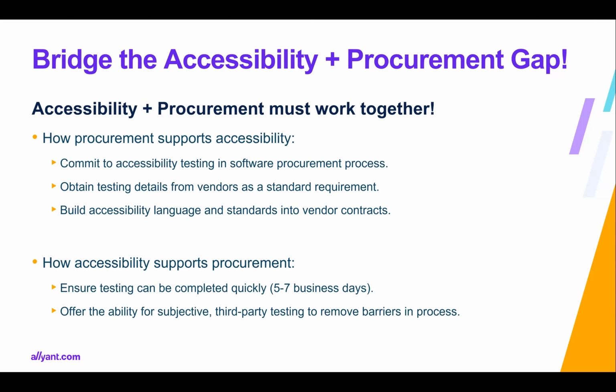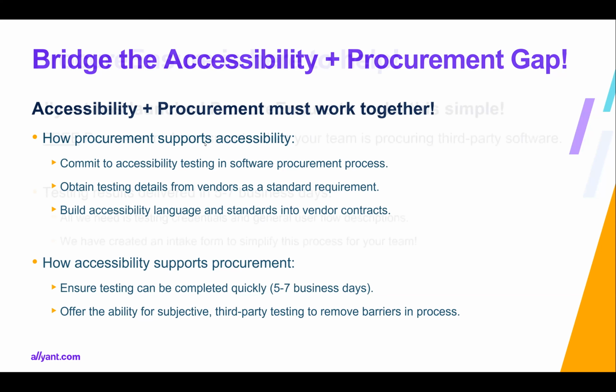Because ultimately, the procurement department is likely hearing from a dean or a provost, some senior executive stakeholder who really wants this software. And so the pressure really is just shifting around at that point. So definitely, getting results quickly is the number one thing that an accessibility team can do to make best friends with the procurement team.